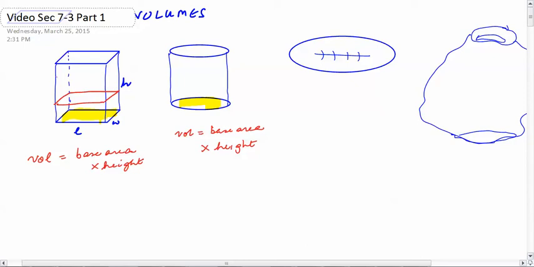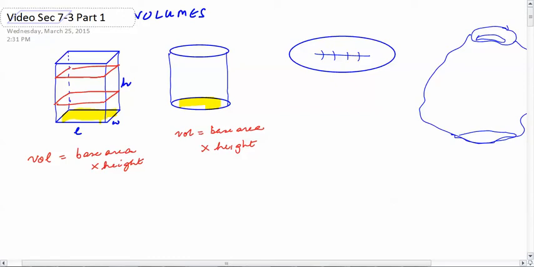And if I make it nearer the top, not only will I get a rectangle for my cross section, but it's going to be exactly the same size and shape as either the base or the top.